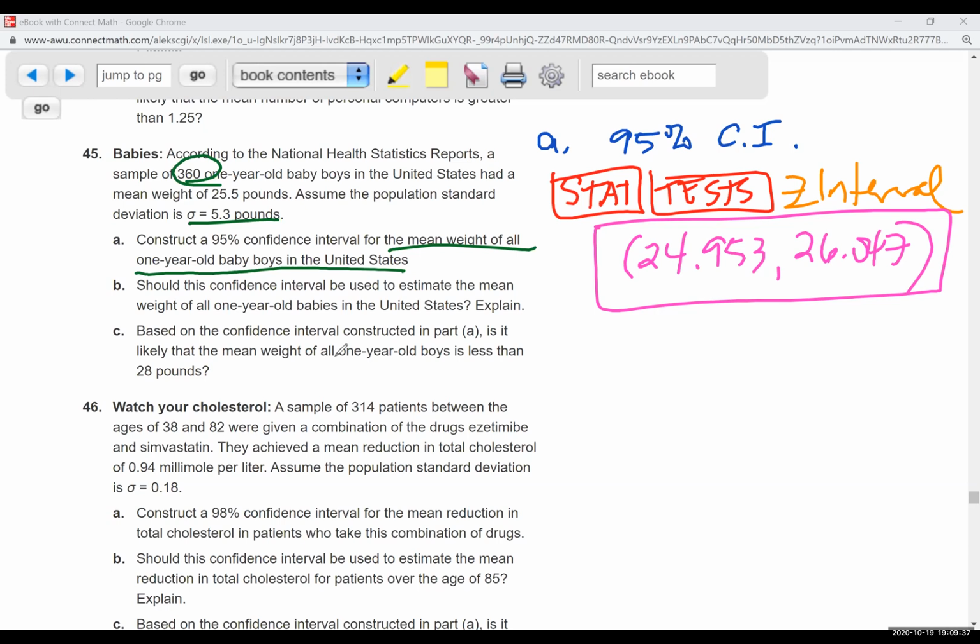Oh, that explanation is actually for letter C. Like she already answered letter C. Based on the confidence interval constructed in part A, is it likely that the mean weight of all 1-year-old boys is less than 28 pounds?